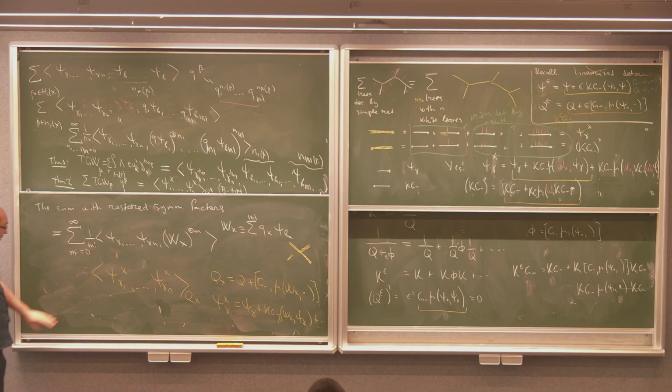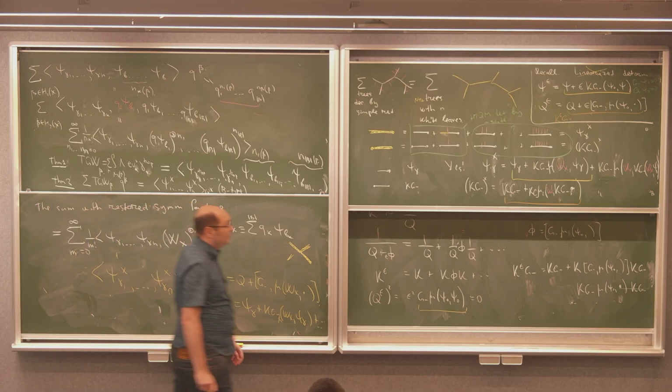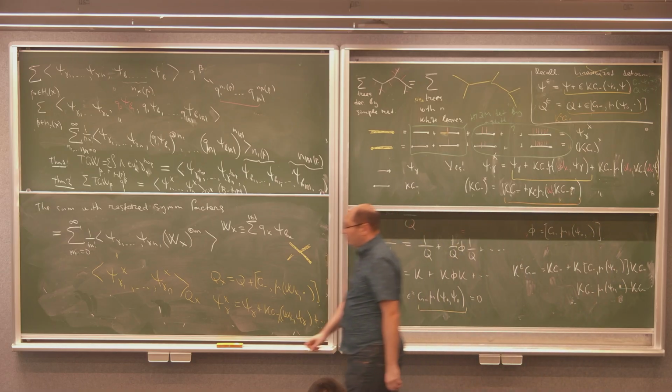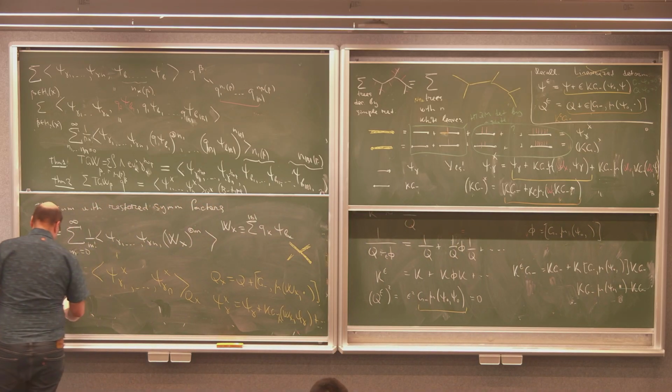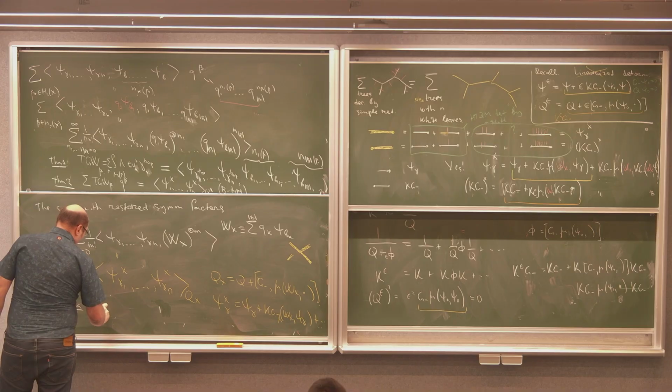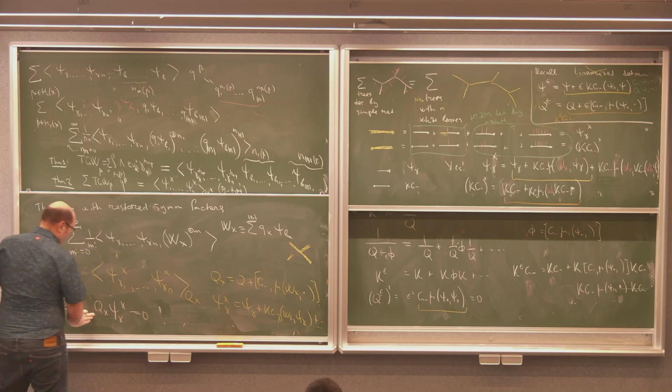And furthermore, these states continue to satisfy some nice properties. For example, for a closed differential form gamma, Poincare dual to some cycle, Qx acting on psi gamma x is 0.